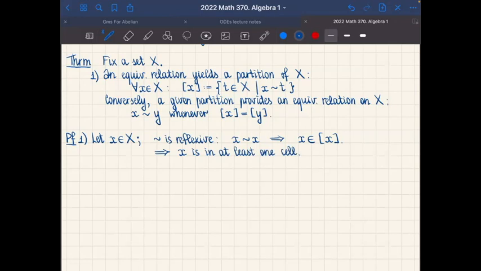Now I want to show that it is in at most one cell. Assume that this x lies in the cell defined by y.